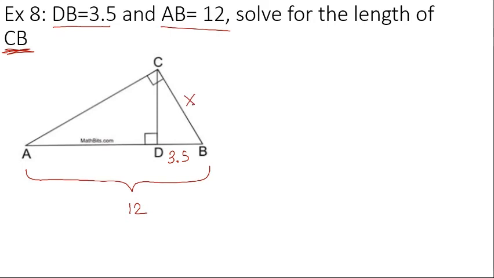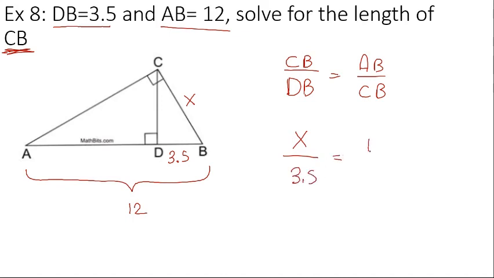So this is X. If we set this up, you put CB over DB equals AB over CB. Okay, so here CB is X, so we put X over 3.5 equals 12 over X.